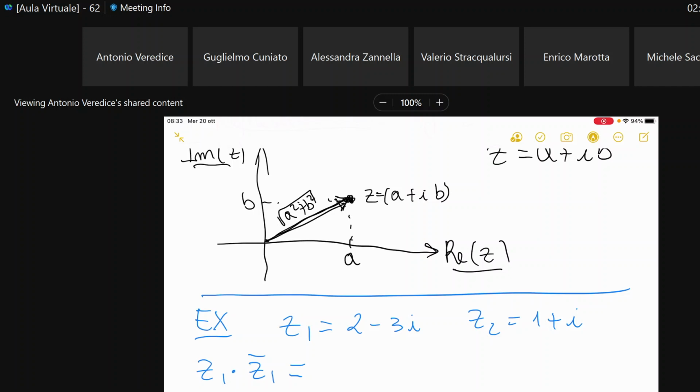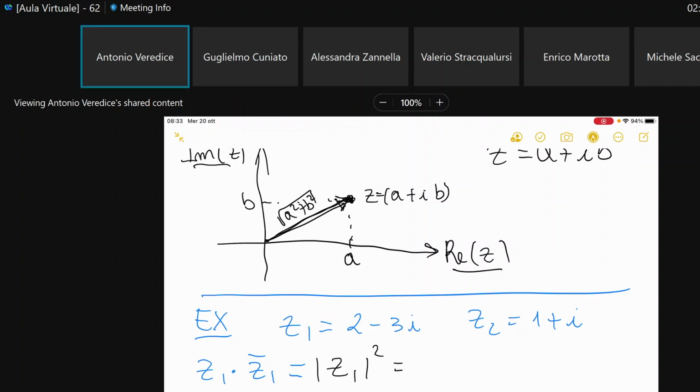Okay, I begin to write down the solution. The first one is Z1 times its conjugate, okay? So it's like the modulus squared. It's just another way to rewrite this.